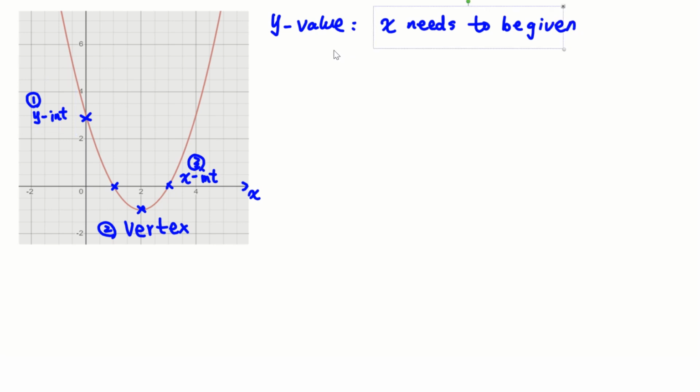Sub in the x value into either the standard form, factored form, or vertex form. It doesn't matter which form is given, you just do the substitution. So sub x equals the number, then replace the x with the given value, and you are able to find the y value.